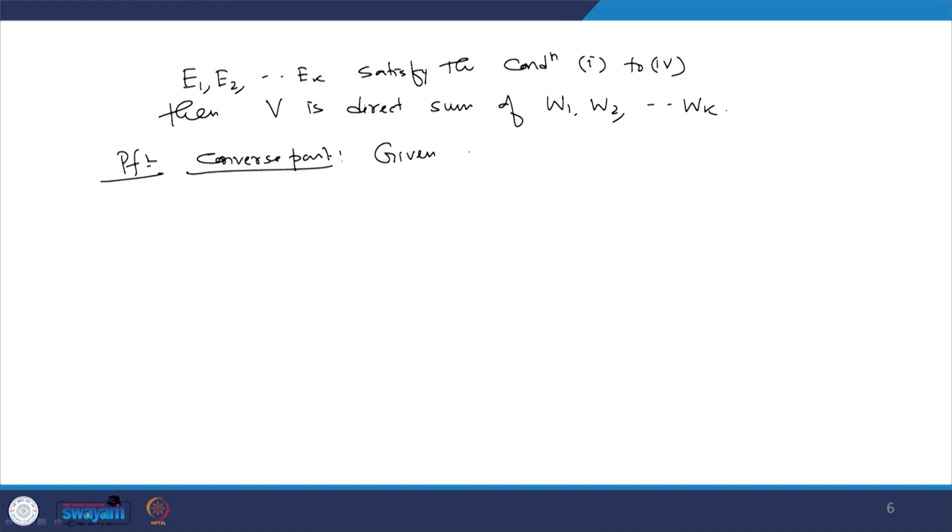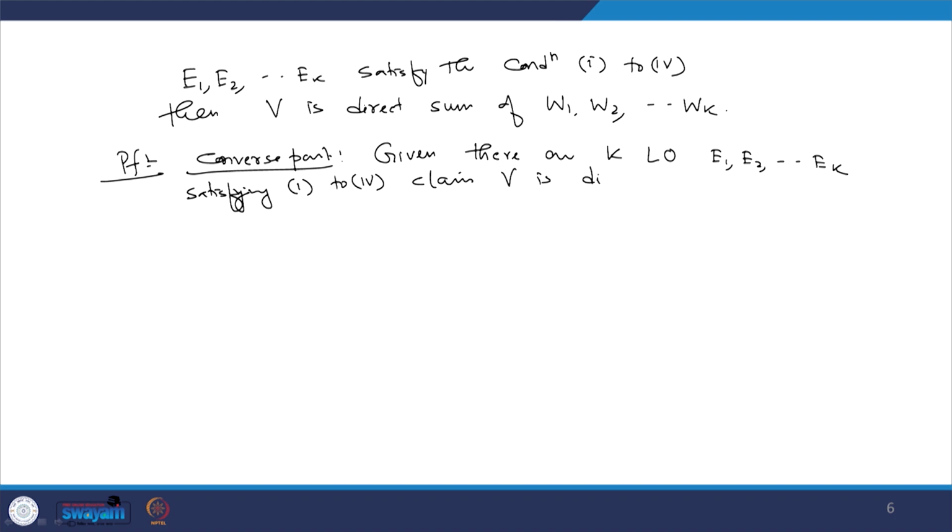So, given there are k linear operators E1, E2, Ek satisfying 1 to 4, we claim V is the direct sum of subspaces W1, W2 and Wk.